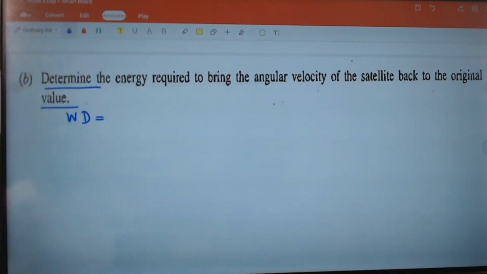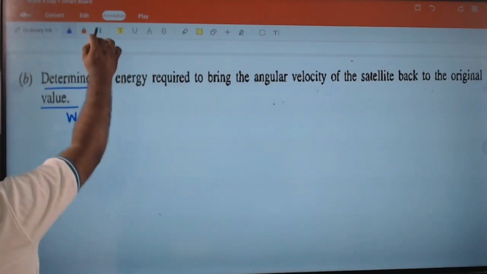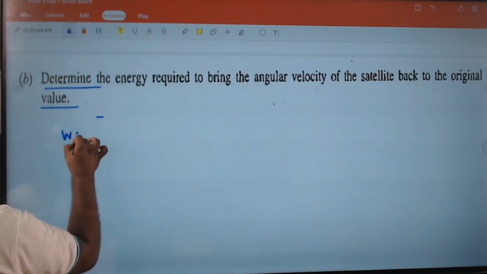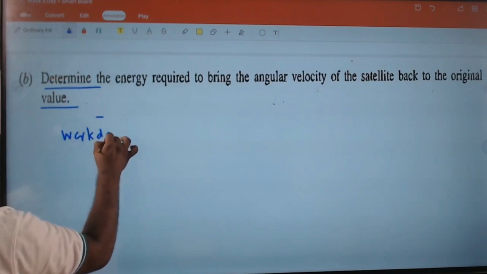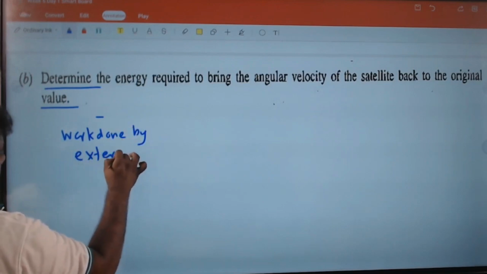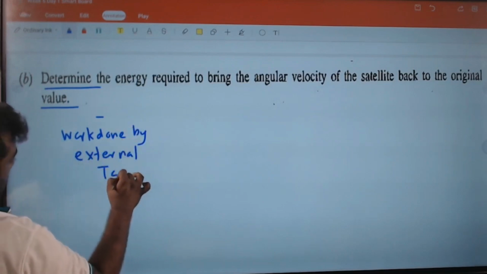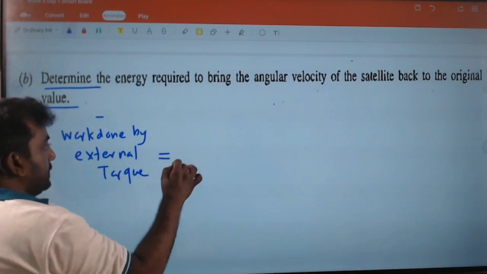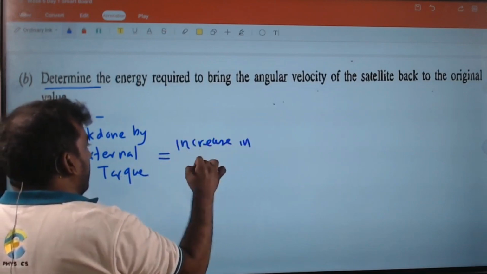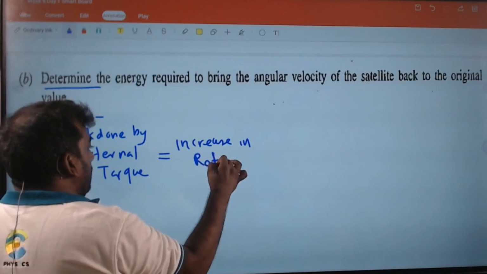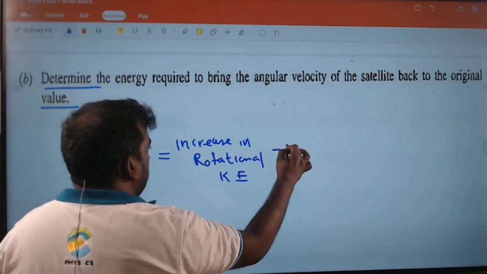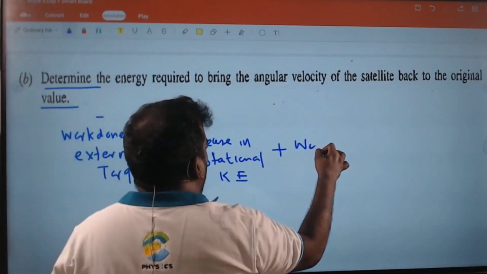Increase or decrease in work done here. There's a torque acting, so let's write in words: work done by external torque equals increase in rotational kinetic energy plus work done by resistive torque.